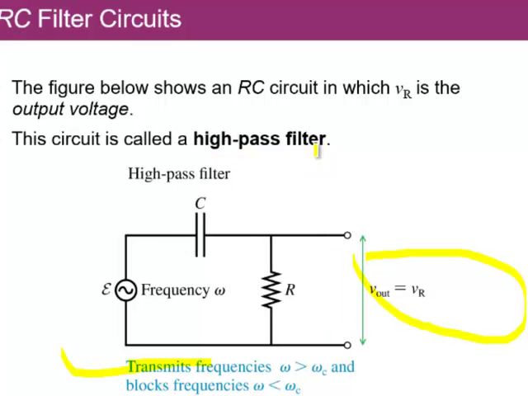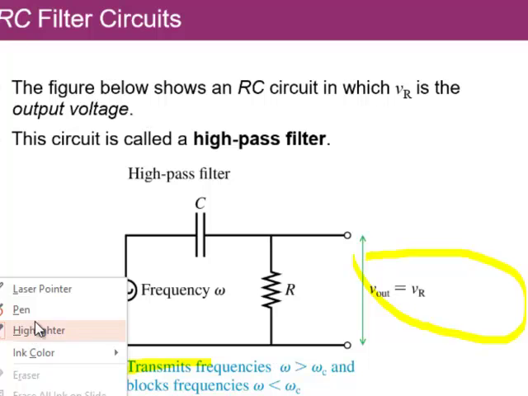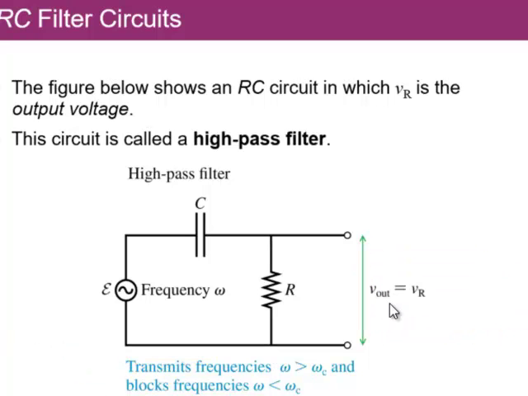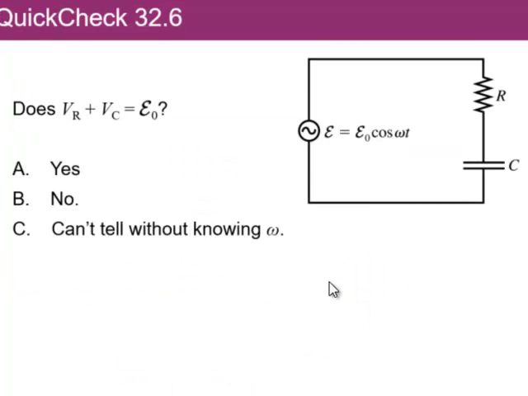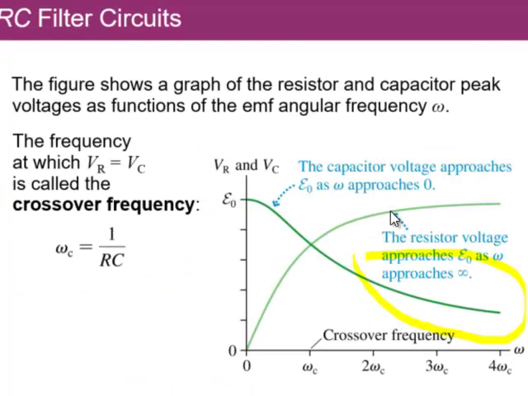The opposite would be a high-pass filter. It's basically the same circuit. You notice here it's R and C, but we're picking up the voltage across the resistor, and the voltage across the resistor, remember, is going to be increasing as the frequency is increasing.